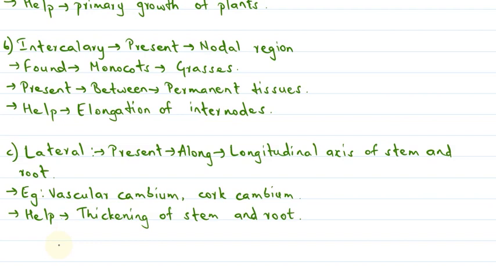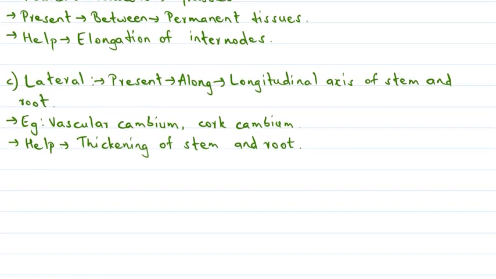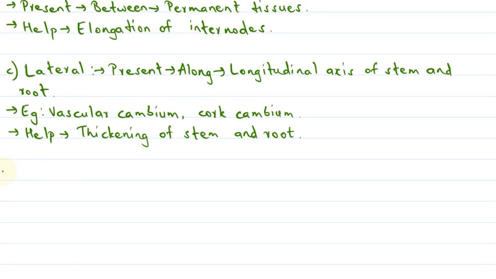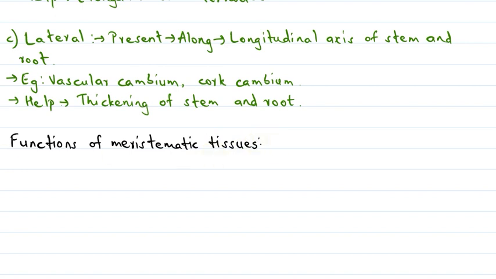Now, after these three types of meristematic tissues based on their positions, we will talk about the functions of meristematic tissues. Let's see what are the different functions performed by meristematic tissues.